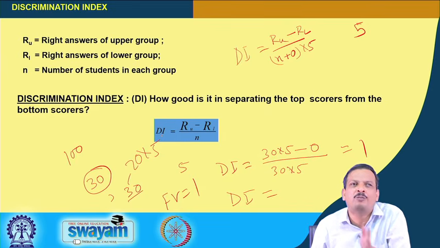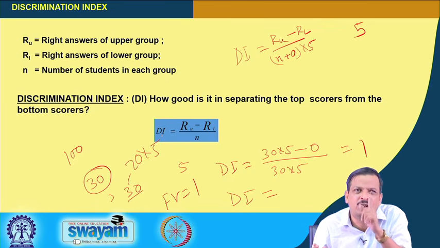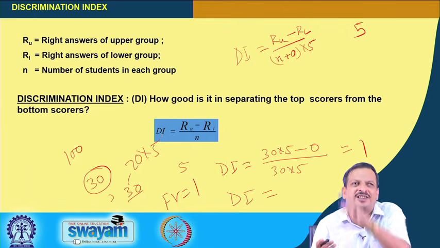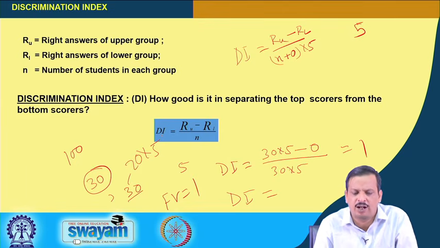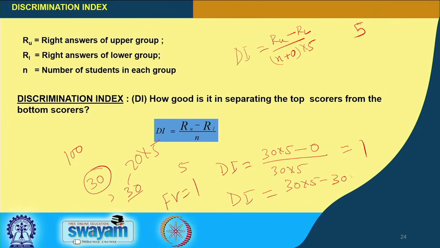Then 20 into 5 minus 20 into 5 equals 0. But when FV is equal to 1, DI is definitely 0. FV equal to 1 means 30 into 5 minus 30 into 5, divided by 30 into 5, is equal to 0. So, when the facilitation value is 1, the discriminative index is 0.